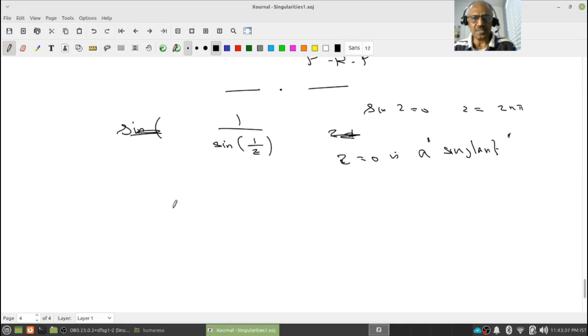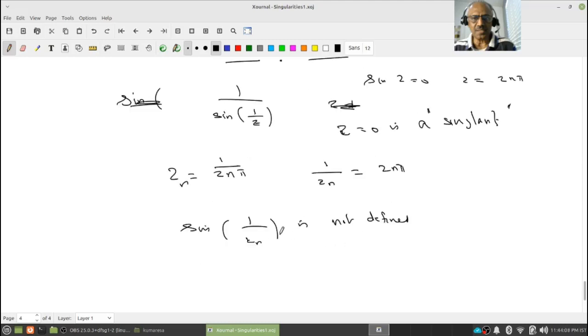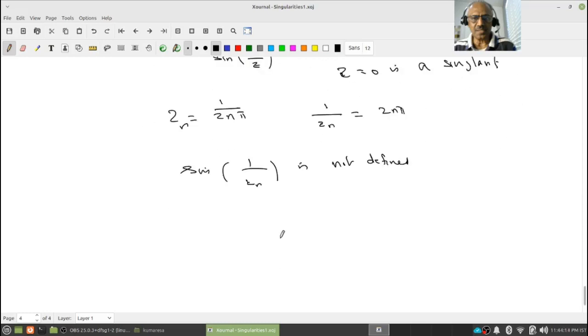So if I take z_n equal to 1 upon 2n pi, then sine of 1 upon z_n is 0. What do I want?